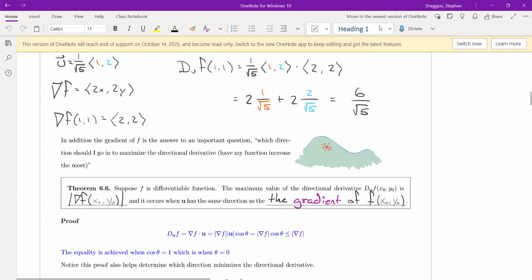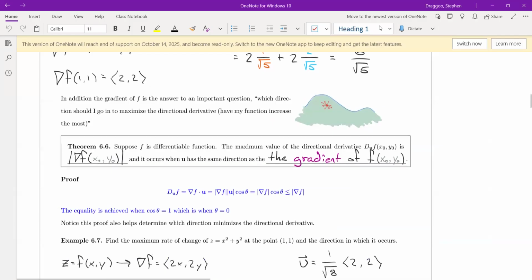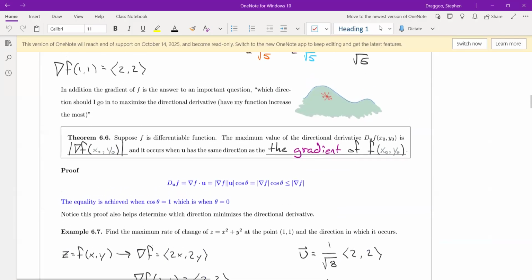Let's bring up some more stuff about the gradient. If I wanted to look at the maximum rate of change of a function, we did this one a while back. We had that example about bees when we did the tangent planes.